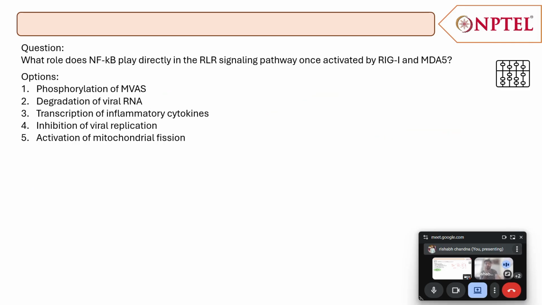So let's move on to the next question. What role does NF-kappa B play directly in the RLR signaling pathway once activated by RIG-I and MDA5? So what can be the correct answer?